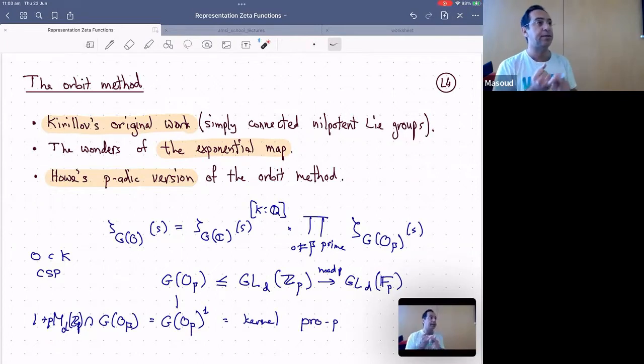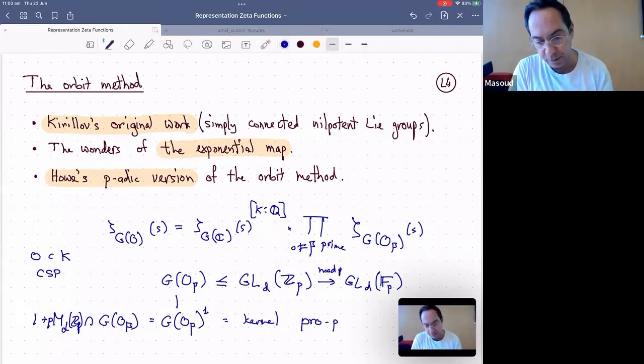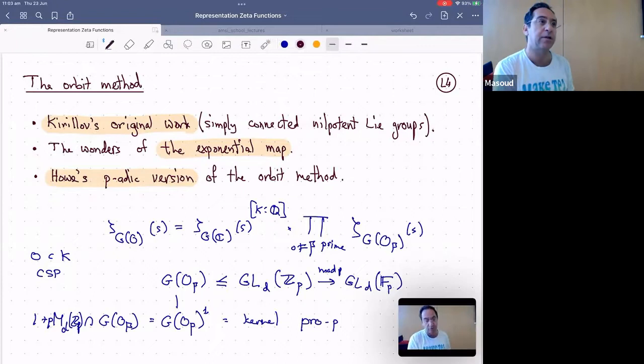So it's p-adic analytic and pro-p. And that makes it very special, in particular, amenable to the orbit method. Okay, but before I talk about the orbit method in this specific instance, I want to tell you about the original work of Kirillov. I think it's always instructive to know the history where we are coming from.